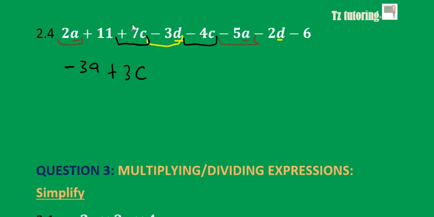All right, so remember that term is like with this one. So negative 3 minus 2 is equal to negative 5d. And finally, we may now simplify the constants or the numbers without the like term. And 11 minus 6 is just positive 5.